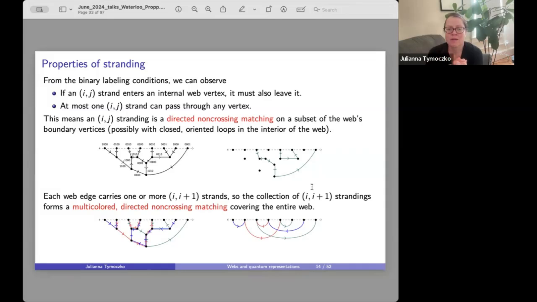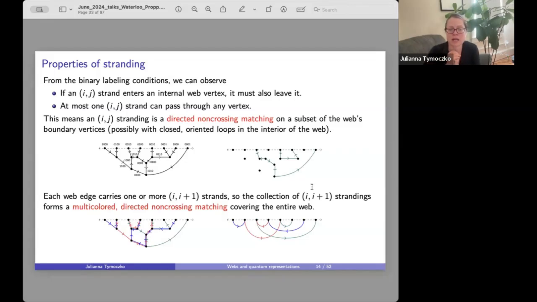A non-crossing matching is a matching represented usually as arcs from boundary vertices, and being non-crossing means literally none of the arcs cross. To be multicolored means you've given each of these arcs a color, and within each color, arcs cannot cross, but arcs of different colors are allowed to cross.